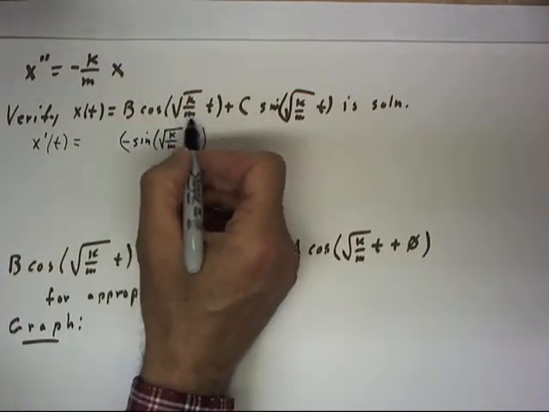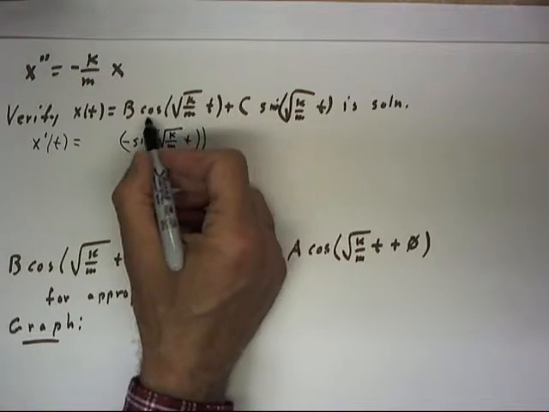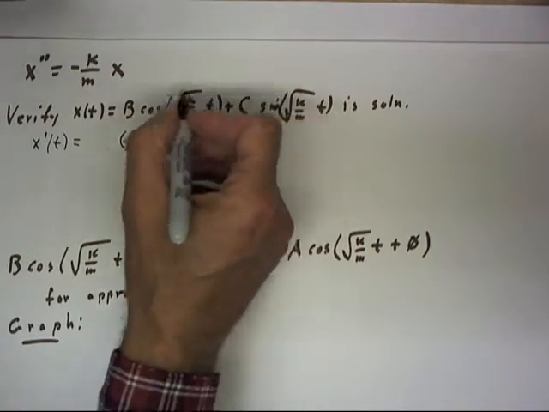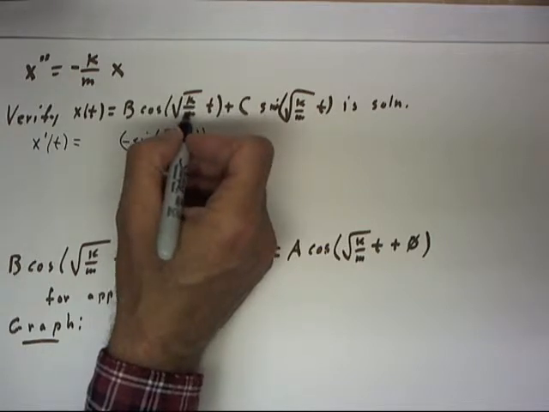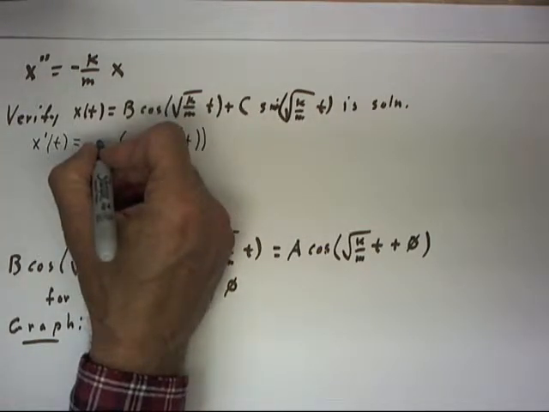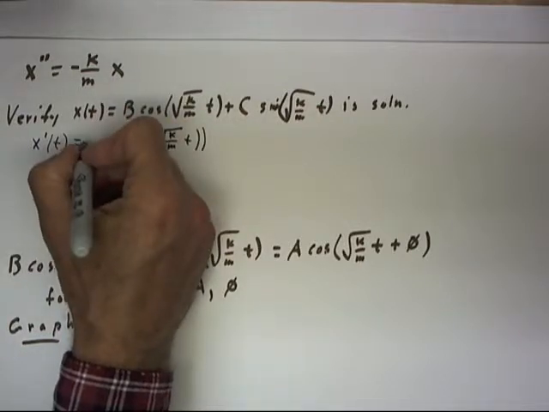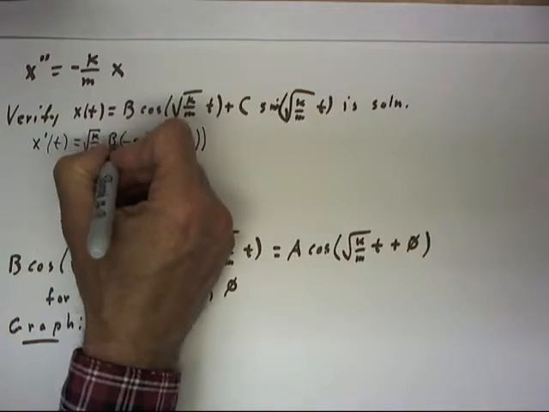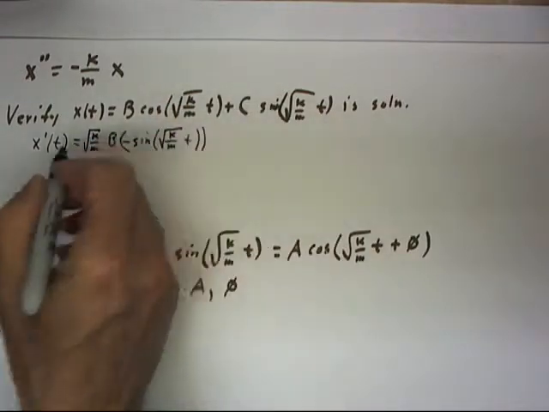But we also get the derivative of this inner function. This is a chain of functions. The inner function is square root of k over m t, and then we're taking the cosine of that, so we have to have the derivative of this function, which is just the square root of k over m. And then we're going to multiply that by b.